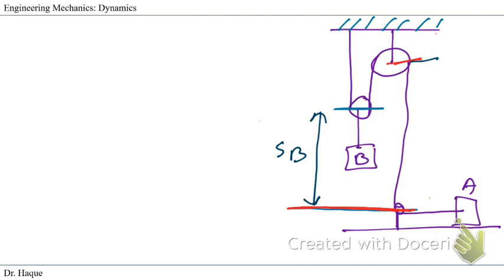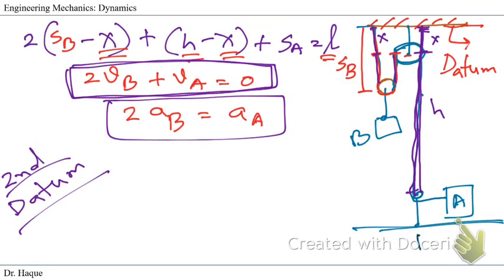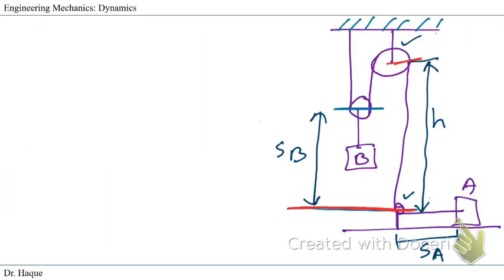The length from this pulley to the fixed pulley here will be a fixed H, because this pulley is fixed. The distance here is always SA. This distance was also SA in the previous slide. So this is our third datum assumption.